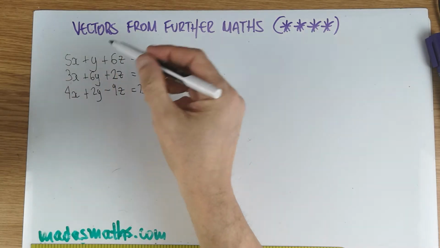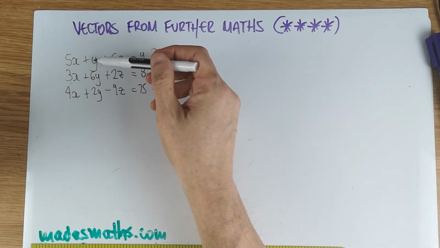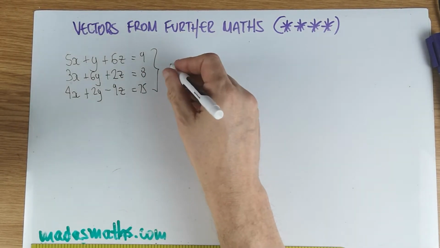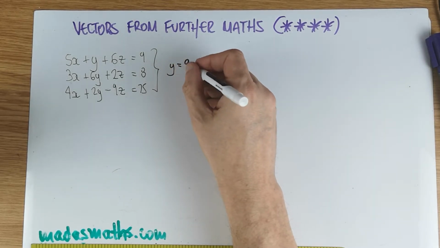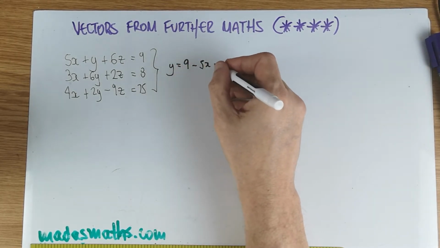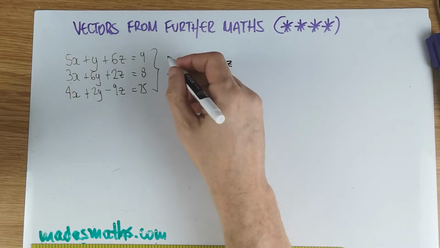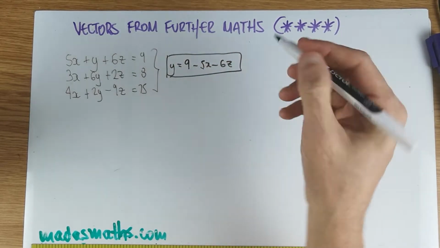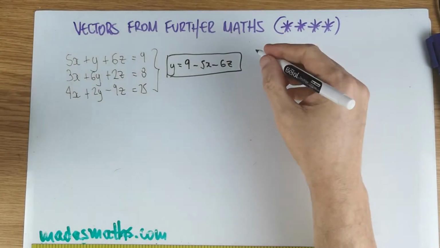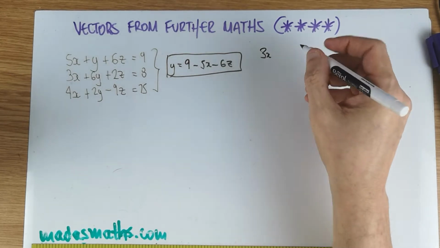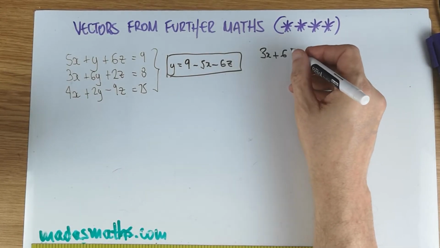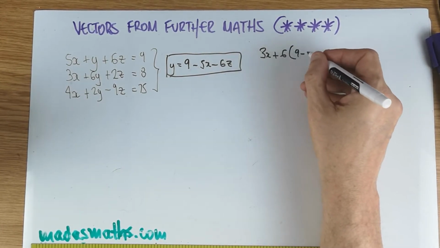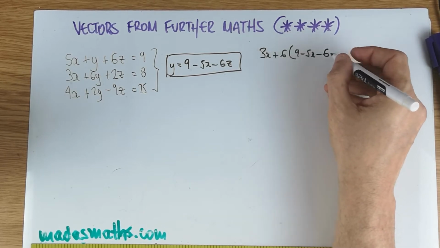So I'm going to look at the coefficients. There's a y there on its own. So I'm going to say y is equal to 9 minus 5x minus 5z. And I'm going to substitute this y into the other 2 equations. 3x plus 6 lots of y. And it's very easy to make mistakes on this.